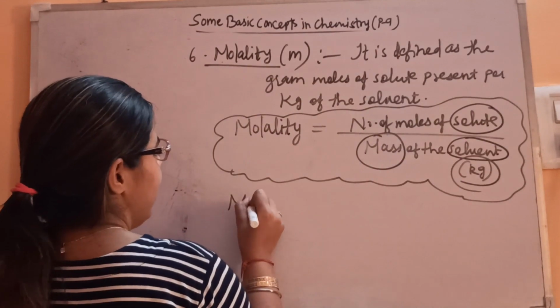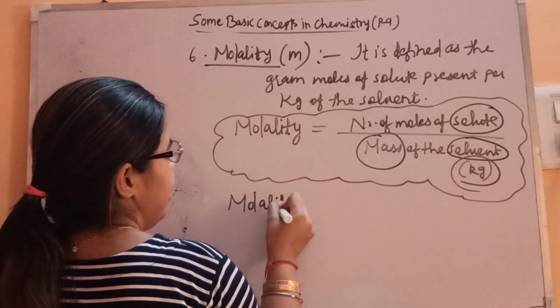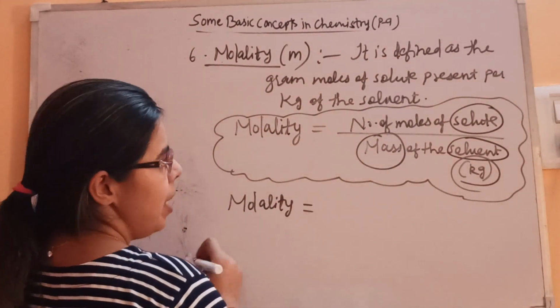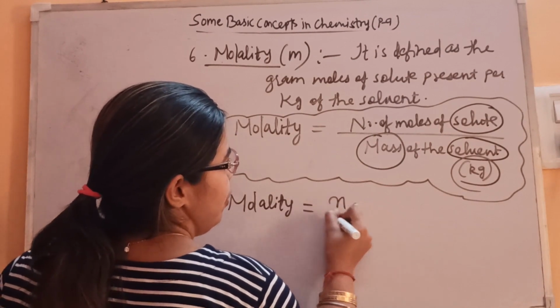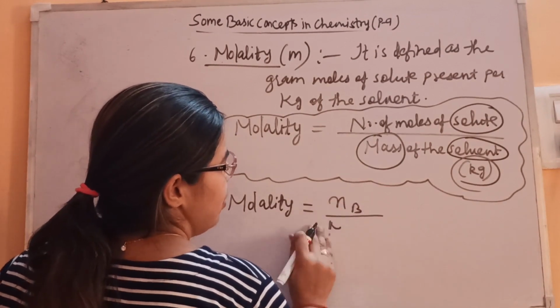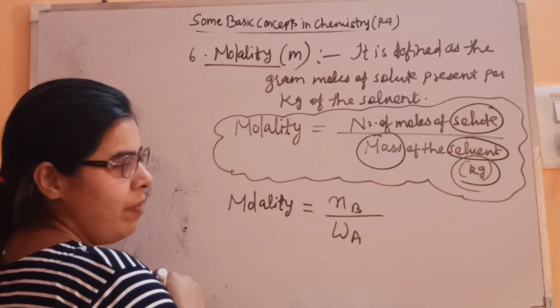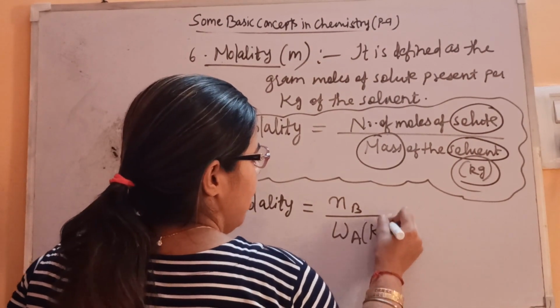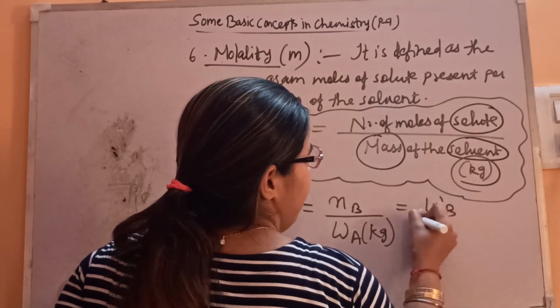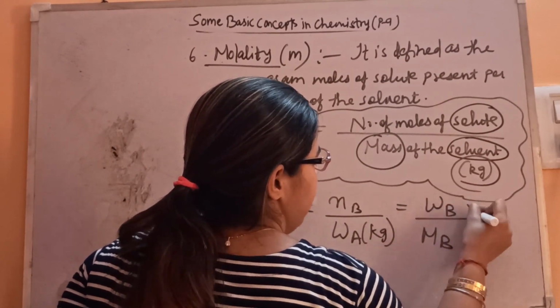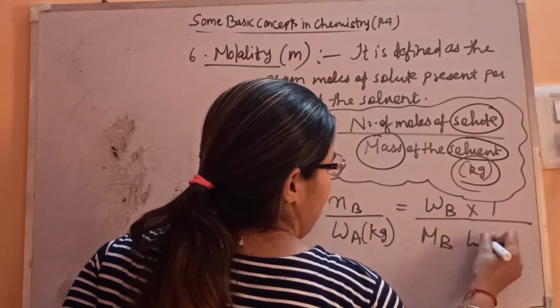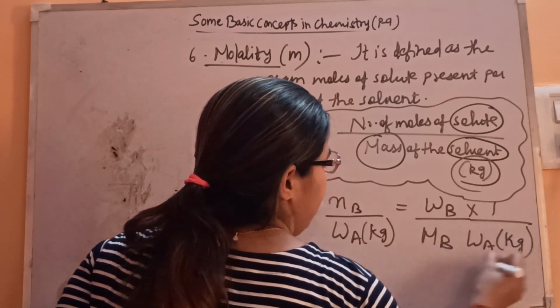So let's modify again. Molality, as we have modified in case of molarity, is number of moles of solute divided by mass of the solvent in kg, that is WA. A is solvent. Again modify: given mass by molar mass into mass in kg.